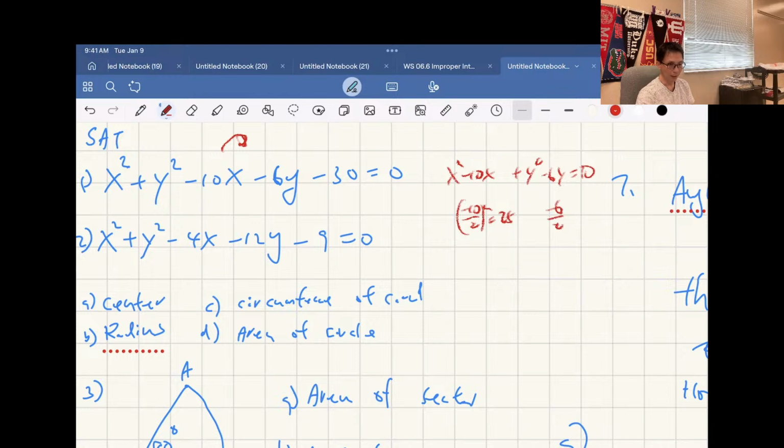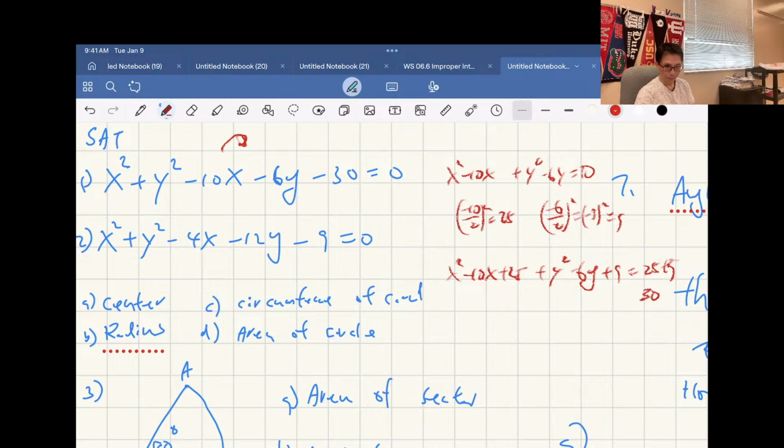And this is minus 6 divided by 2, that's negative 3 squared, equal to 9. So it'll be x squared minus 10x plus 25 plus y squared minus 6y plus 9, and the other side is 30 plus 25 plus 9. Oh, this is 30, sorry.